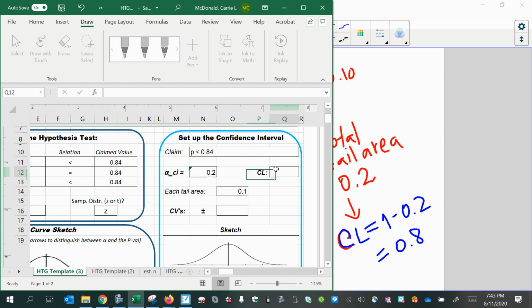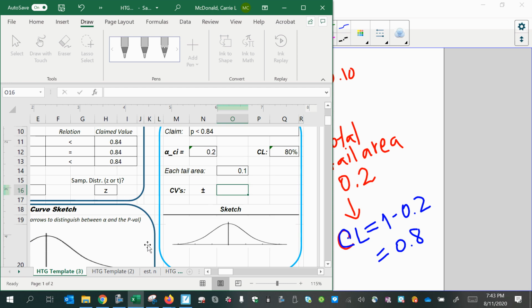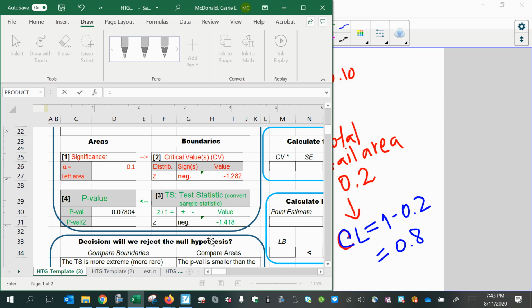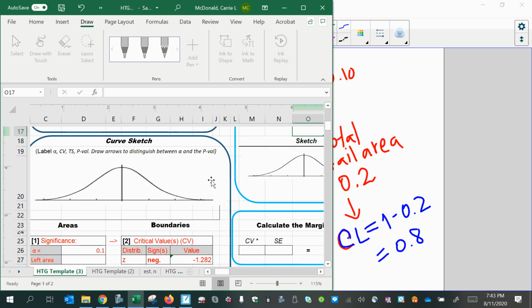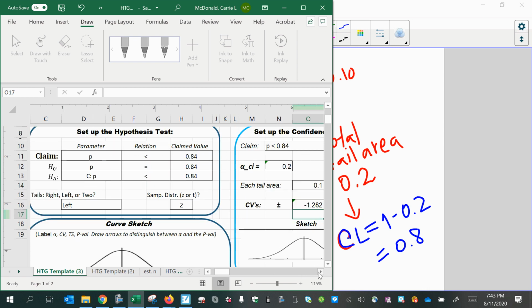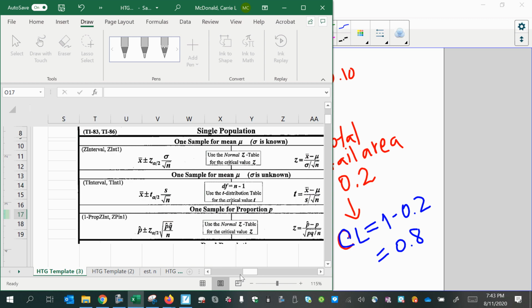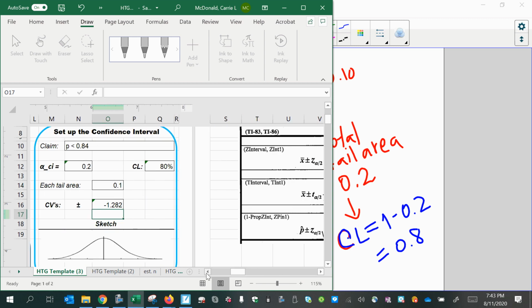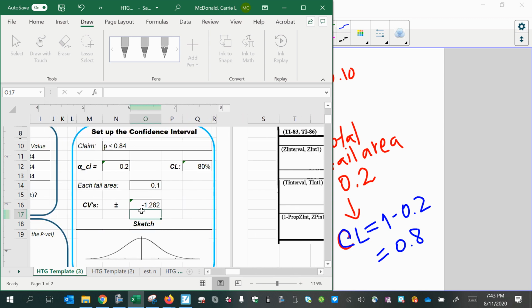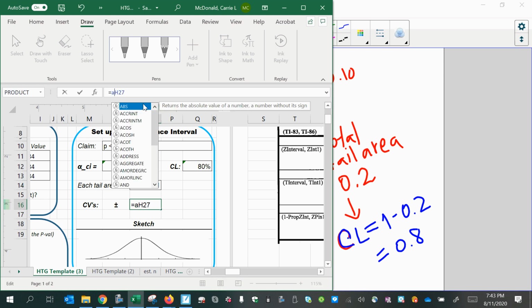And the confidence level is 1 minus the alpha. And the critical value is the same as the critical value from our hypothesis test. But make sure that you make that positive. And to make anything positive, you can just wrap an absolute value around it.